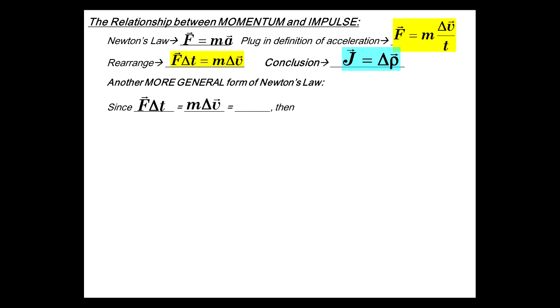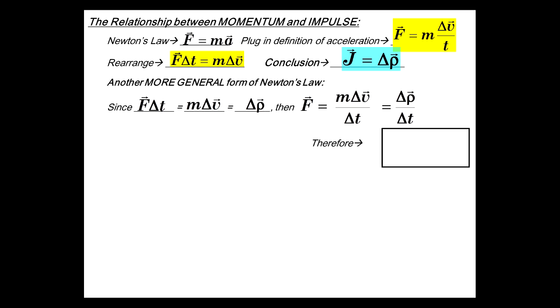All right, so another form of Newton's law then: since F delta t is m delta v, which is delta p, the change in momentum, then force is m delta v over delta t. So that's delta p, or change in momentum, over time. This is more in line with how Newton described it, though he used calculus notation.